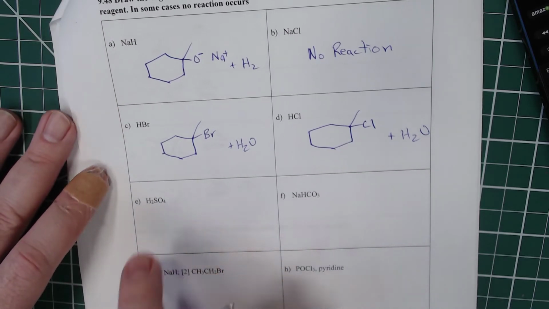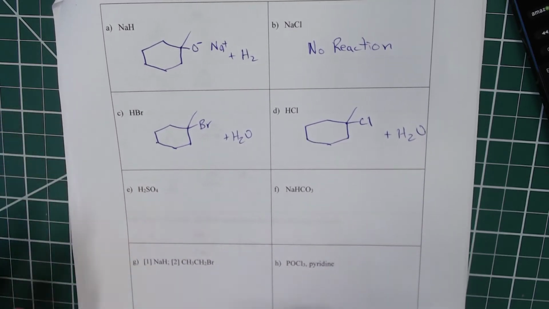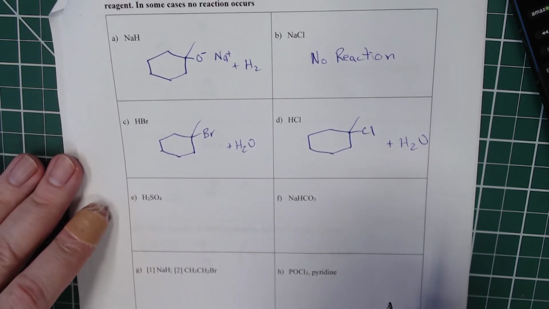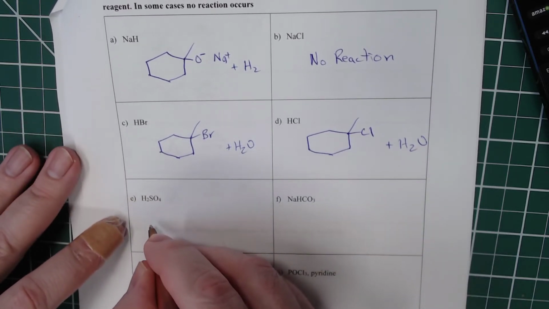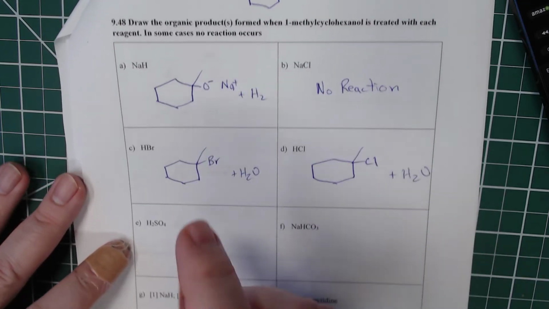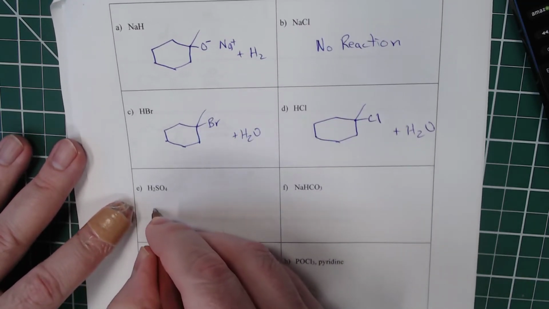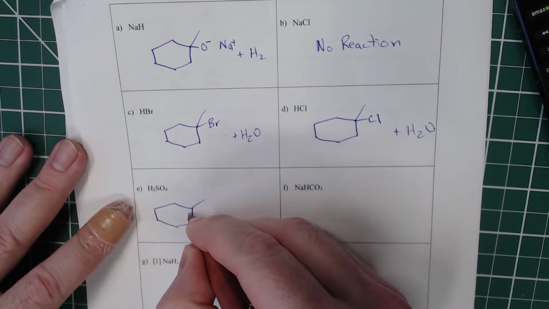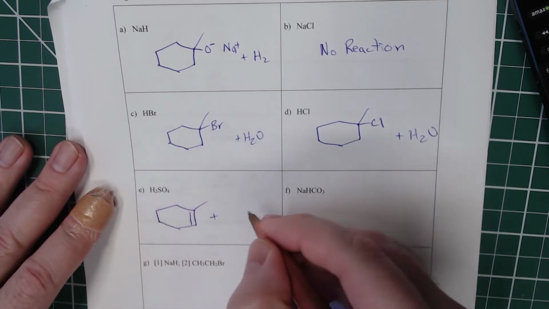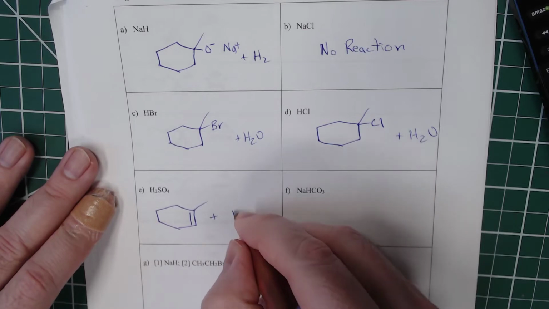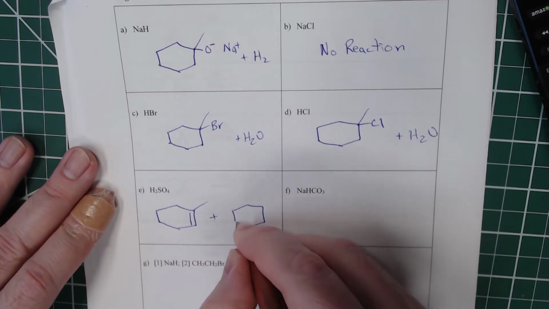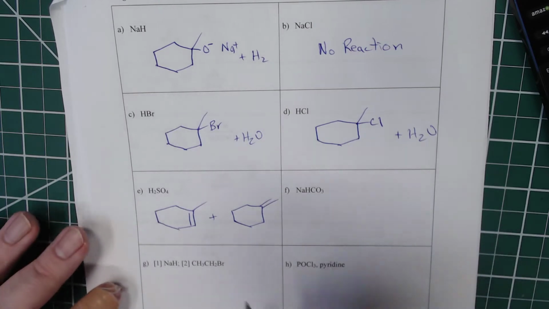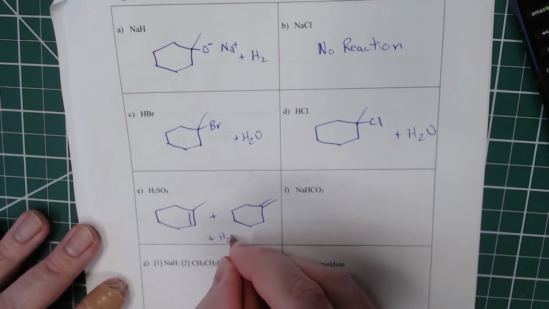Sulfuric acid, as we saw in a previous section, will convert it into alkenes. And so, again, with this alcohol, our alkenes, we'll get this one, and this one. And then we'll also get plus H2O.